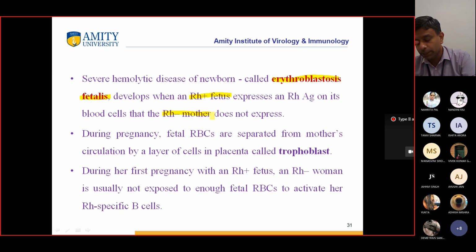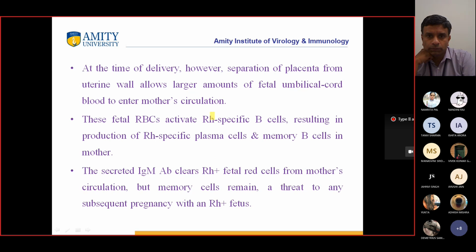Nothing will happen, right? But students, at the time of delivery, separation of the placenta from the uterine wall allows a large amount of fetal umbilical cord blood to enter the mother's circulation.